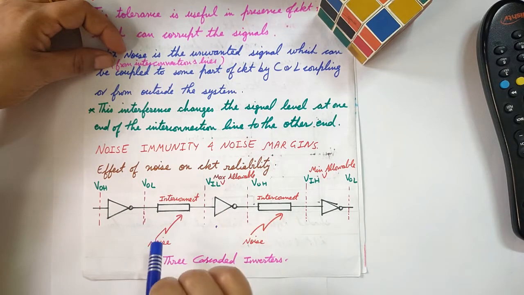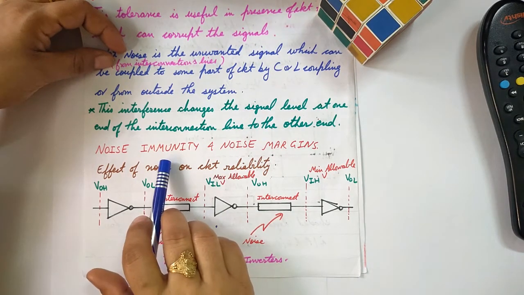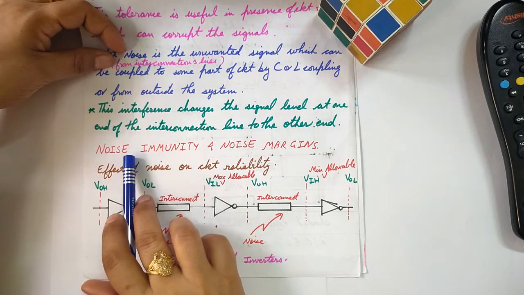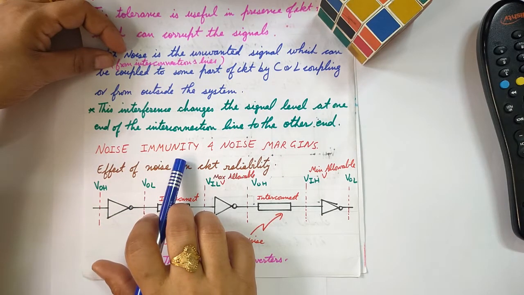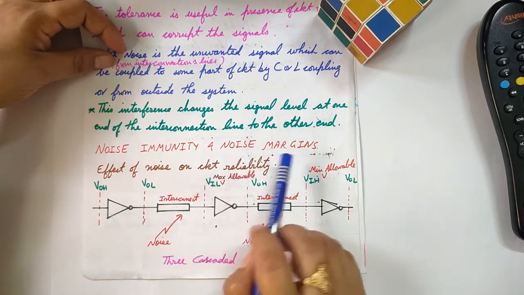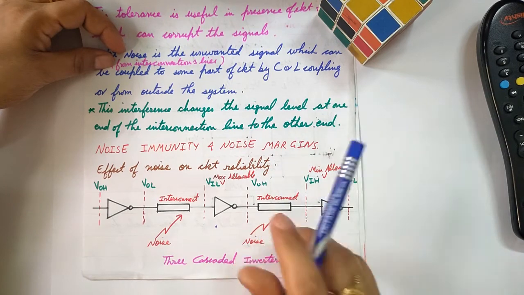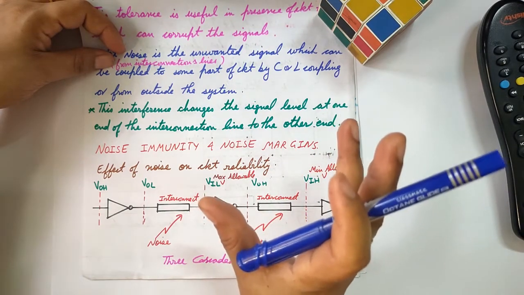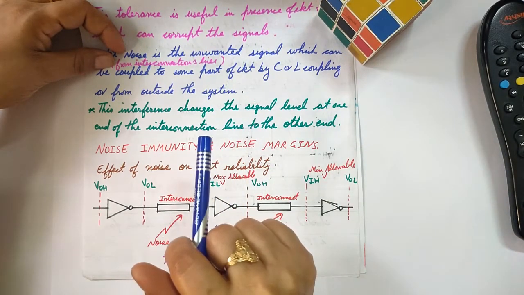Similarly with circuits: if they are highly immune to noise, meaning their noise immunity is very high, then even if noise is present, they will give the correct output. Similarly, noise margin means how much noise can be tolerated by the circuit.